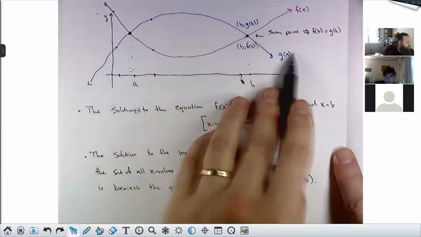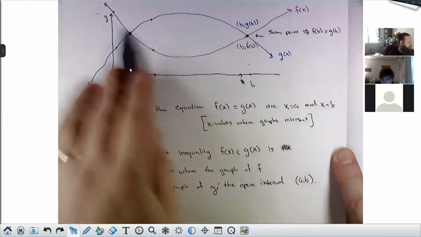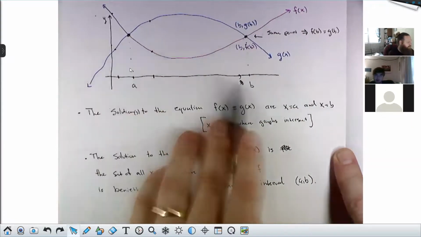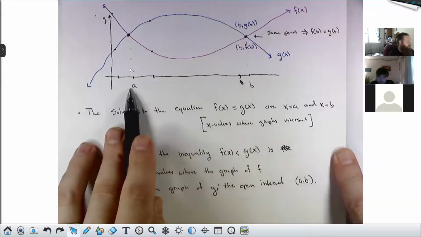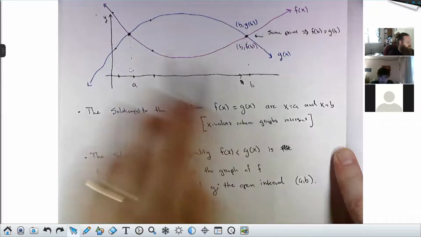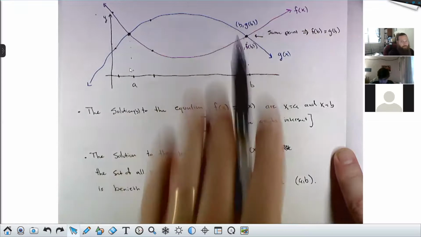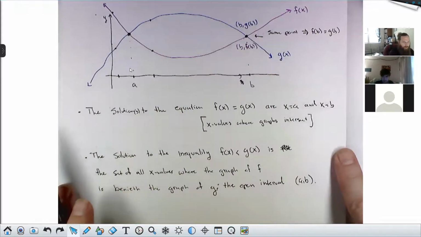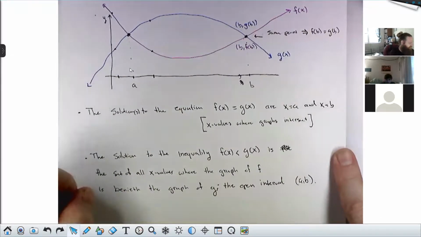If I look over here, the purple is above the blue. If I look over here, the purple is above the blue. But between A and B, between this x value and this x value, everywhere in here, the purple is beneath the blue. And you can probably guess what's coming.